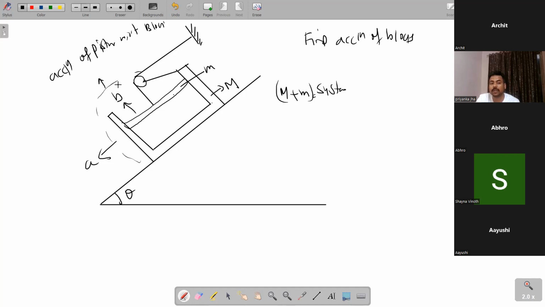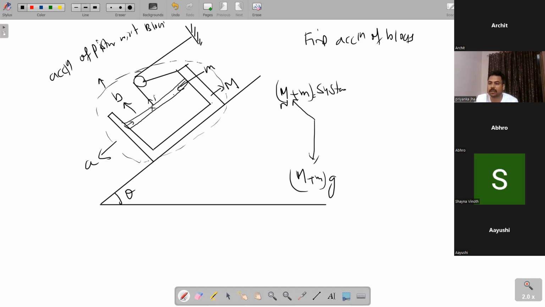Now you can see that on this system, the weight will act downward, that is (M plus m) into g. The inclined plane will apply some normal force. There is no normal force between this block and this piston, so that becomes an internal force.